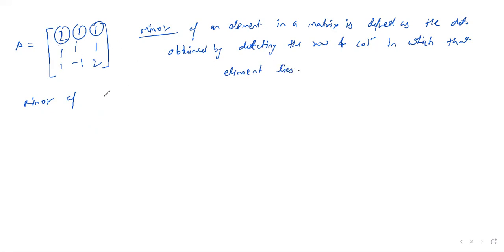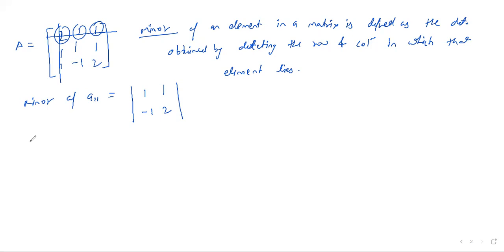If I want to find the minor of this a11 element, that is 2, we have to delete the row and the column corresponding to this element. So the minor for a11 is the determinant of the remaining elements, that is 1 minus 1, 1 2.